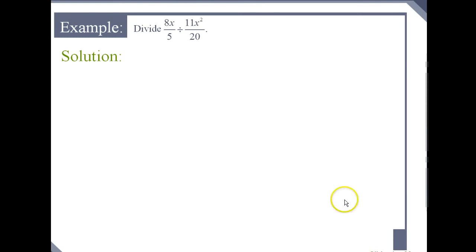Okay, so let's do an example here. Finally, we're getting some work to do. So we'll rewrite it: 8 over x times 5. I'm going to change this division sign to multiplication and then flip this second term. Now, what can we do here? Well, we can cancel out the 5, and that goes into there 4 times. Can't do any canceling here with the 8 and the 11, but we can cancel out one of the x's, and we're just left with a 1 here instead of a 2.